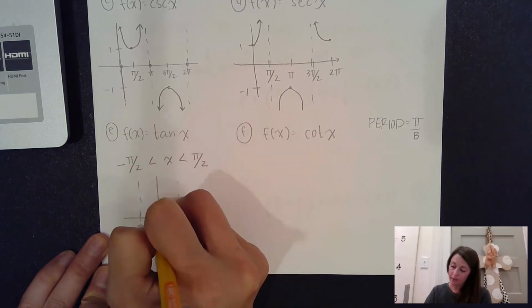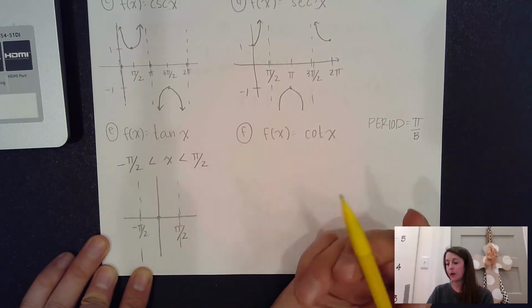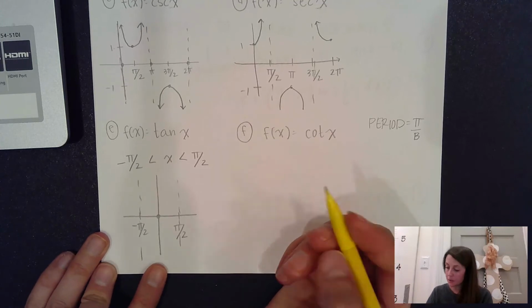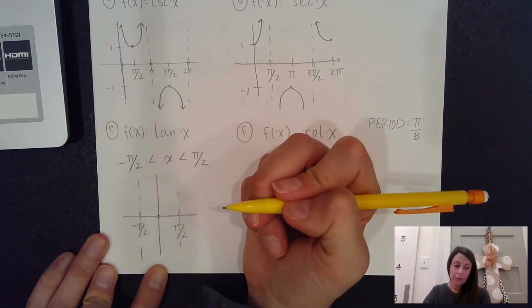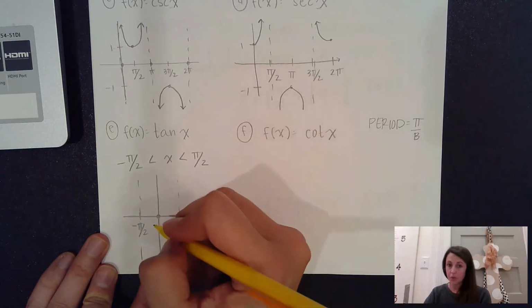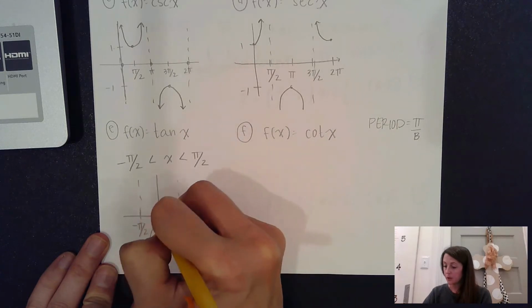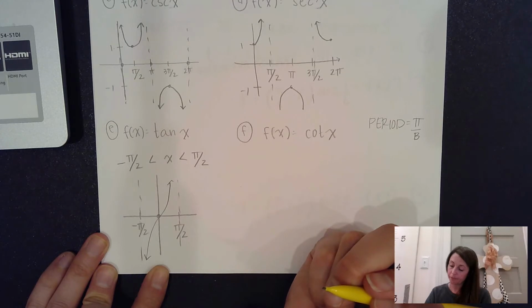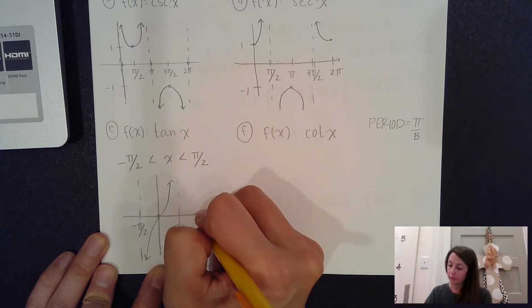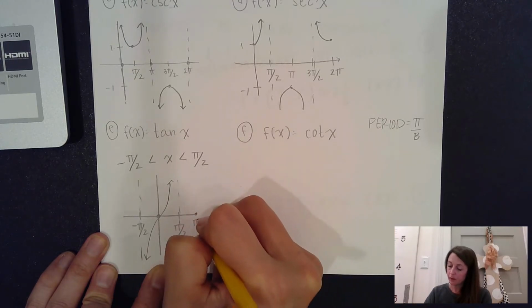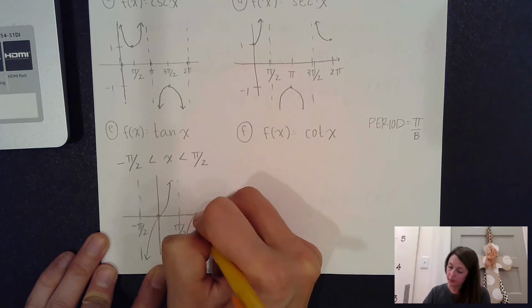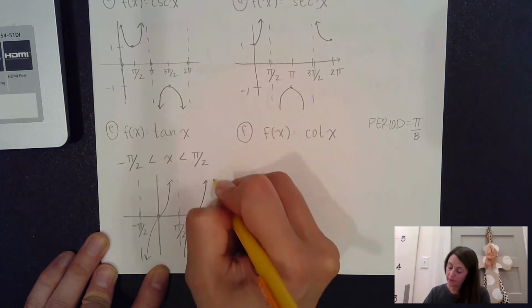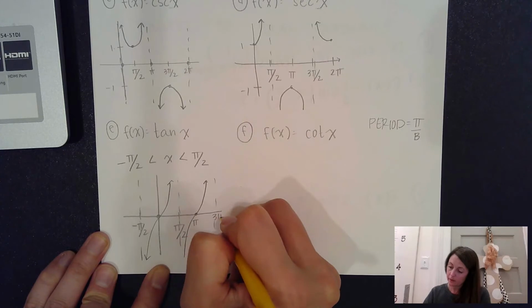Halfway in between there, we will have an x-intercept. And remember, tangent is going to grow this way. At pi, we would have the same thing, like that.